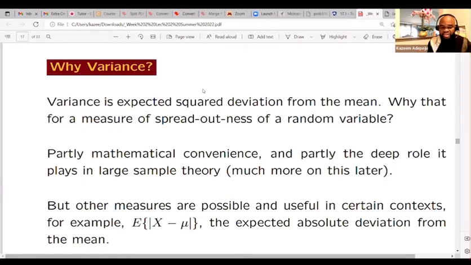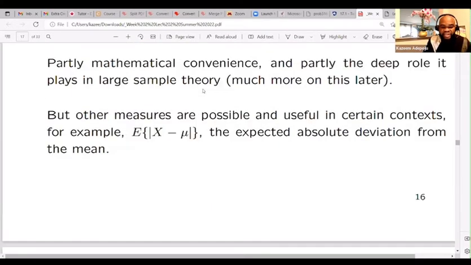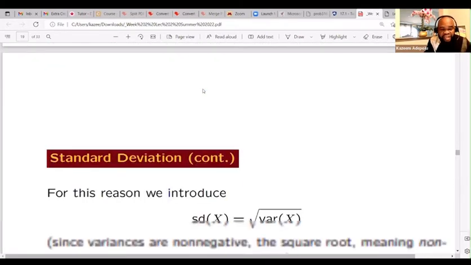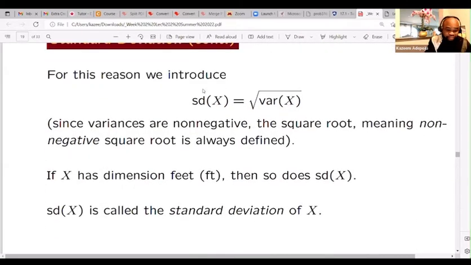Your mean is not in square units, but the variance is. Therefore, we need a measure that has the same units as the mean, and that is why we find the square root of the variance, the standard deviation, which has the same units as the mean.